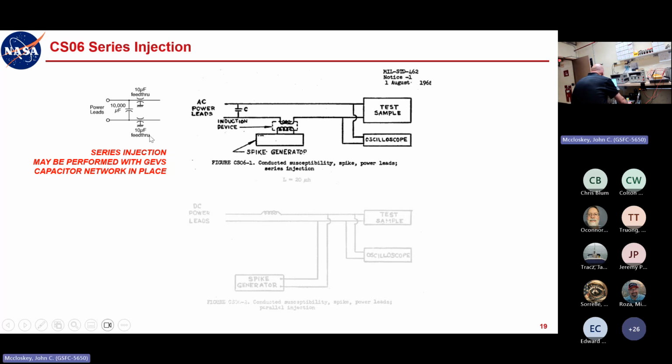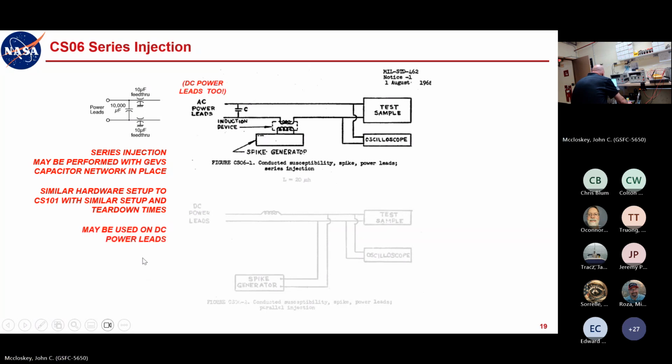Right. But it is recommended you take this out if you do the parallel injection method. So it's not just adding the inductor, it's removing the capacitors. But if you do the series method, you leave the capacitors in. It's basically the same setup, just putting your signal source in series with the power feed. It's similar to CS101, similar setup and teardown times.